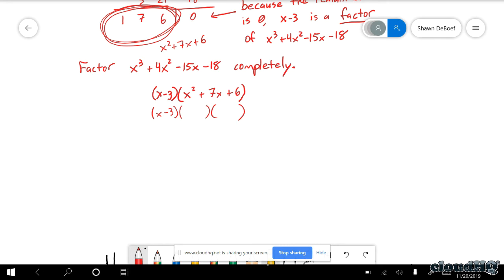Can we factor what's left? That's the answer. Yep.